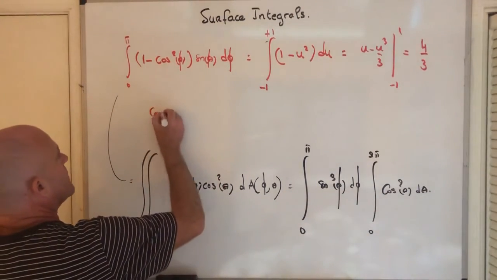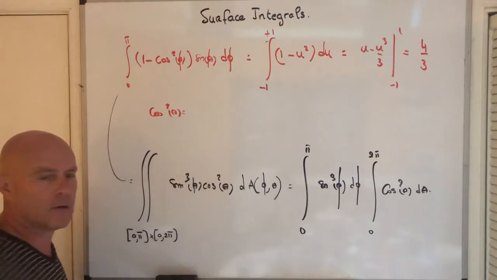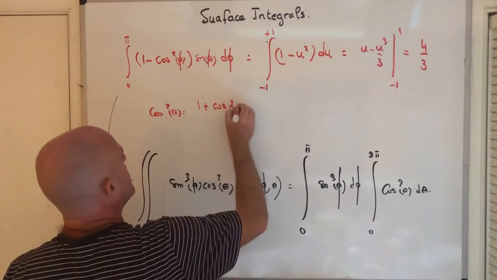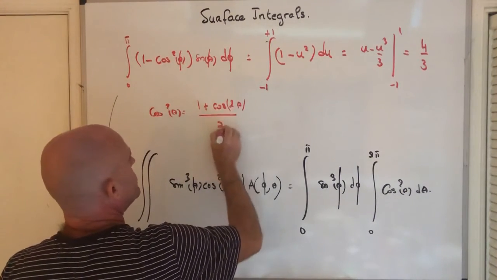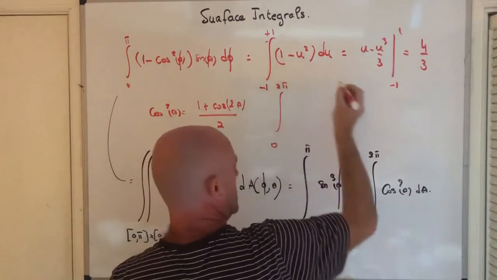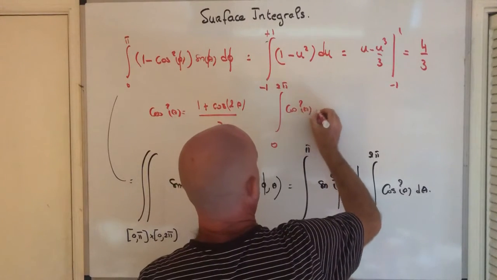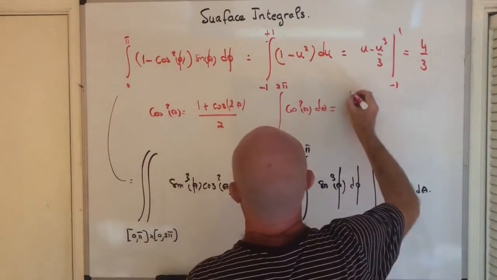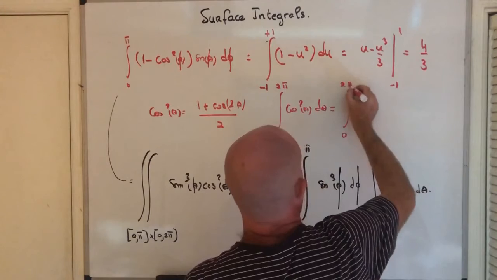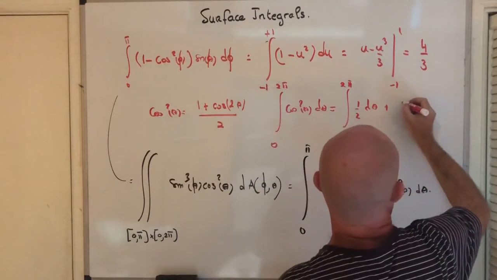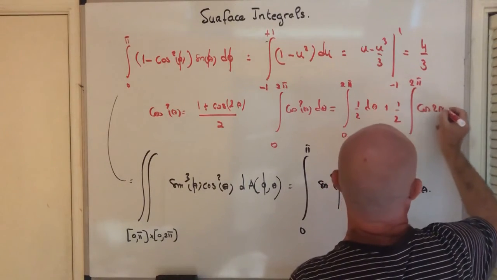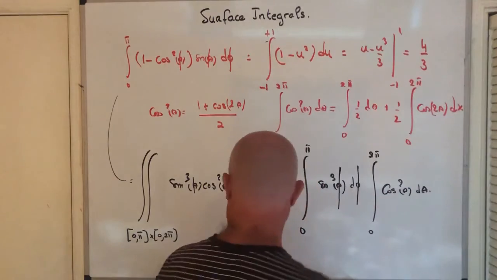Well, cosine squared theta, remember, this is the half angle formula. It says it's 1 plus cosine 2 theta divided by 2. And that guy here, the integral from 0 to pi of cosine squared theta d theta, is nothing else than the integral of 1/2 d theta from 0 to 2 pi, plus 1/2 times the integral from 0 to 2 pi of cosine of 2 theta d theta, not dx.